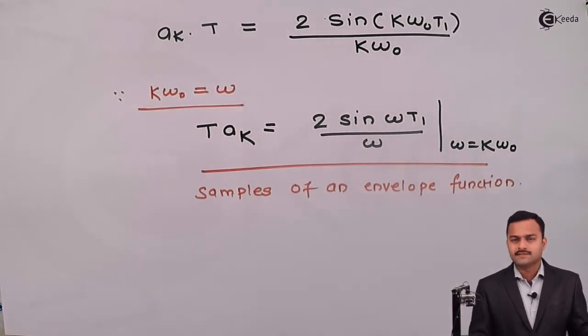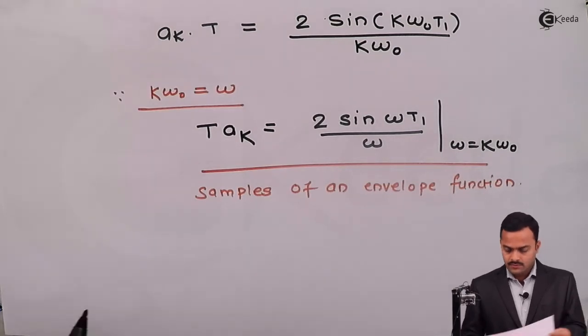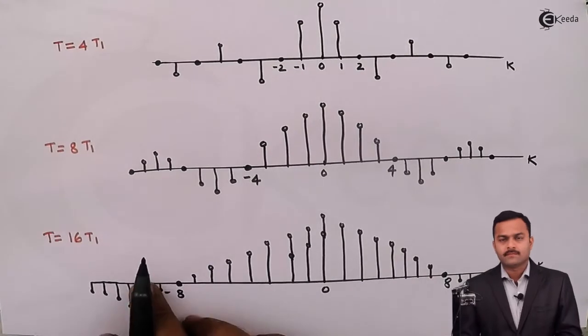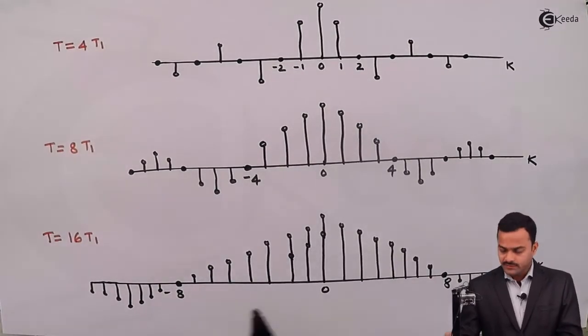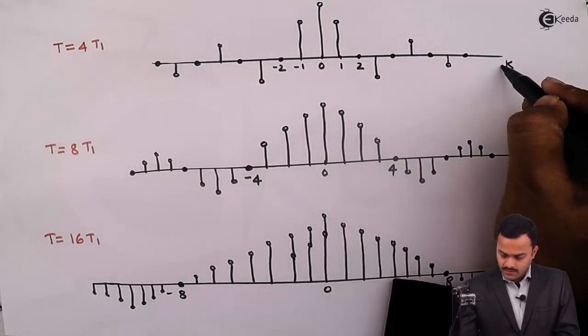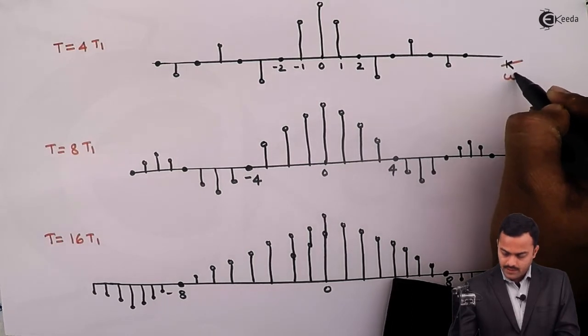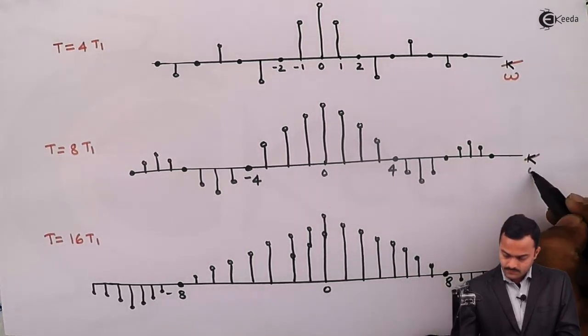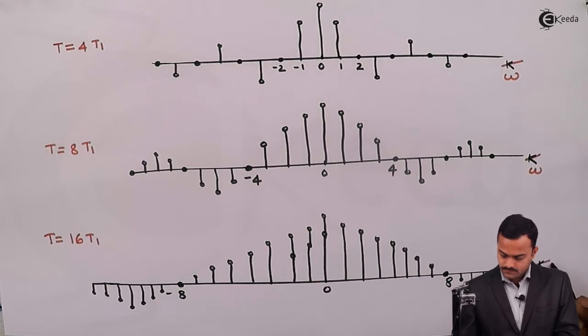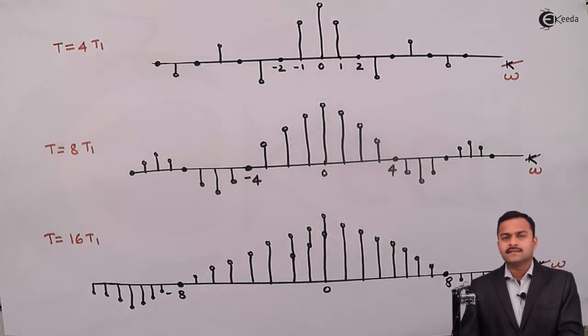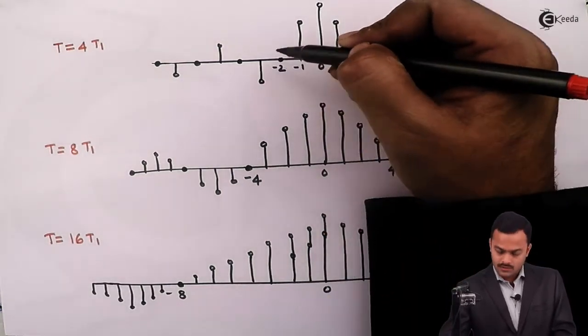And if you plot this envelope function, it will be like this only. Certain changes we need to make. Instead of a K, now I will have an omega. And since this is an envelope function, we will get a plot like this.